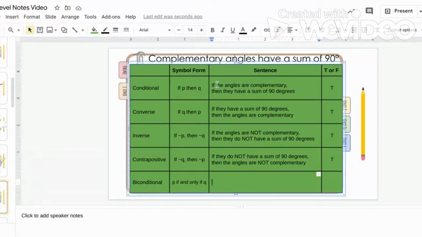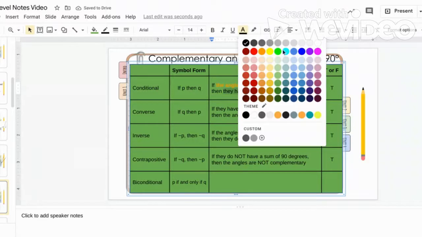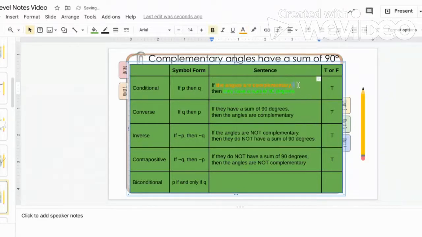So we take the hypothesis, which is everything that comes after if. We write that first, then we take the conclusion, which is everything that comes after then. We write that second.